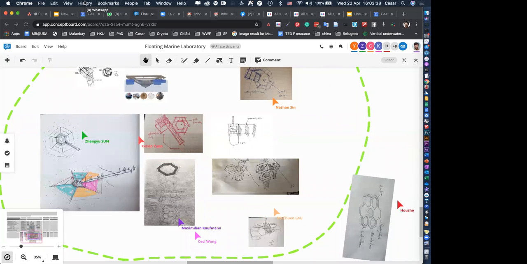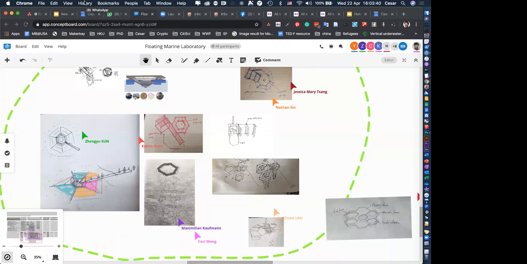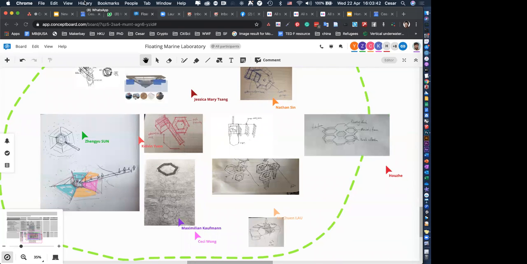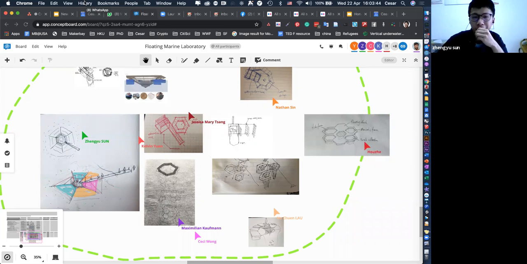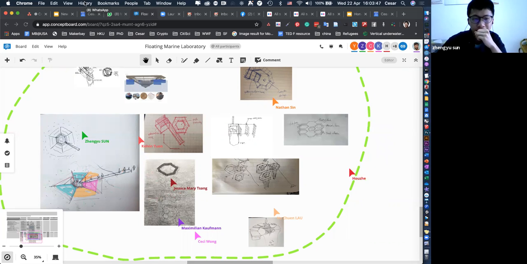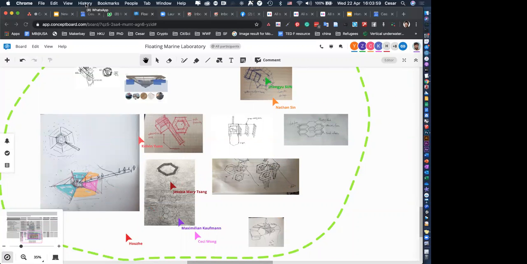I think using the dot is okay. Yeah, so voting.